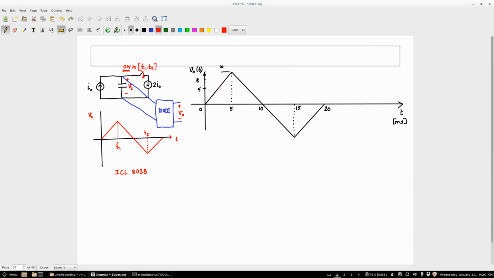Say this is 10 volts, this is 5 volts, and somewhere here is 8 volts.